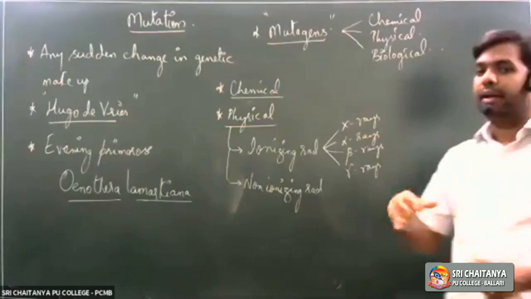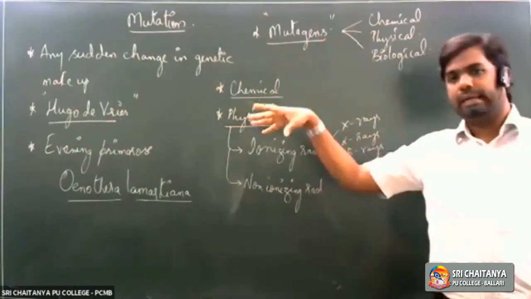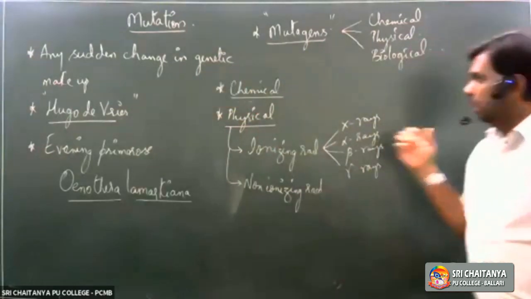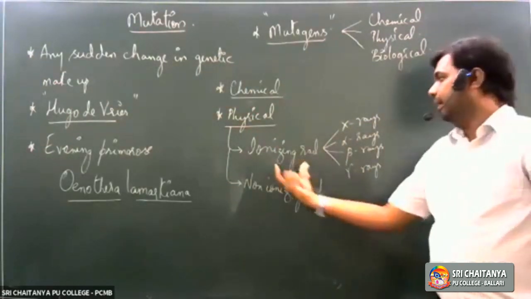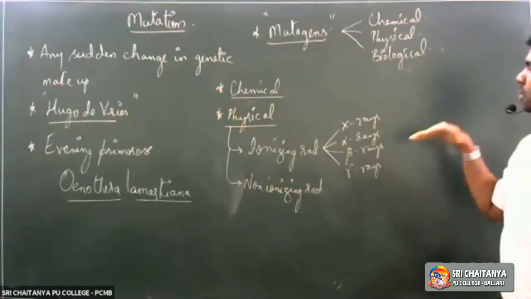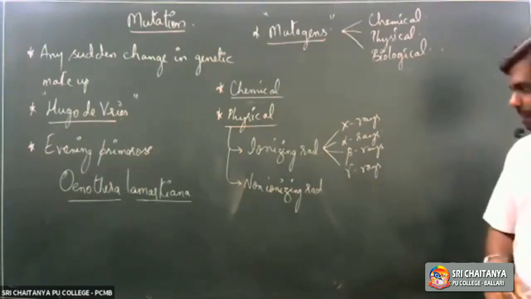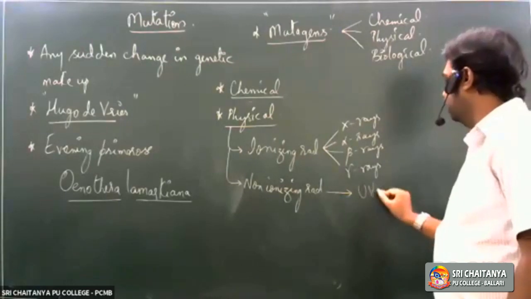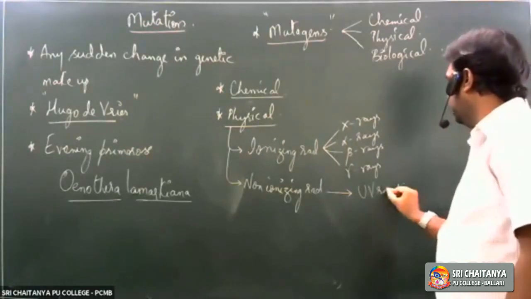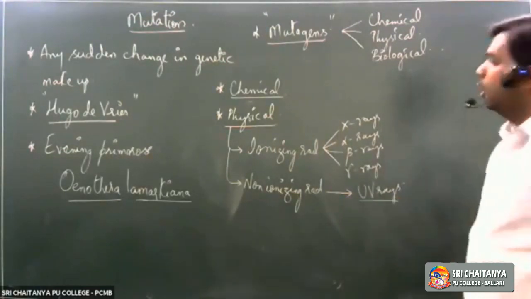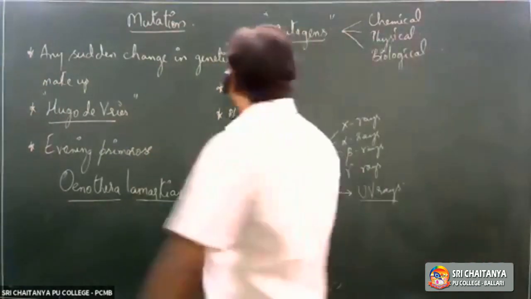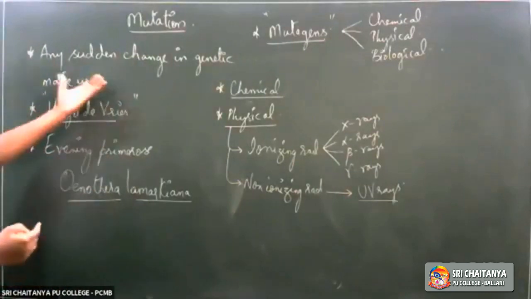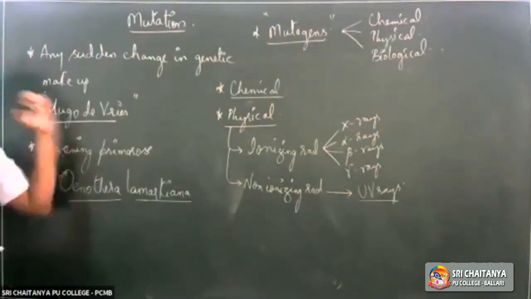So they start ionizing the atoms that are present in the DNA, leading to some sort of changes in the genetic material, right? Okay, so we have the ionizing radiations: X-rays, alpha rays, beta rays, as well as gamma rays. Now, talking about non-ionizing radiations, we have one example here, which is UV rays. So UV rays fall under this category of non-ionizing radiation. Along with this, some sort of heat also would bring about changes in the genetic makeup, right?